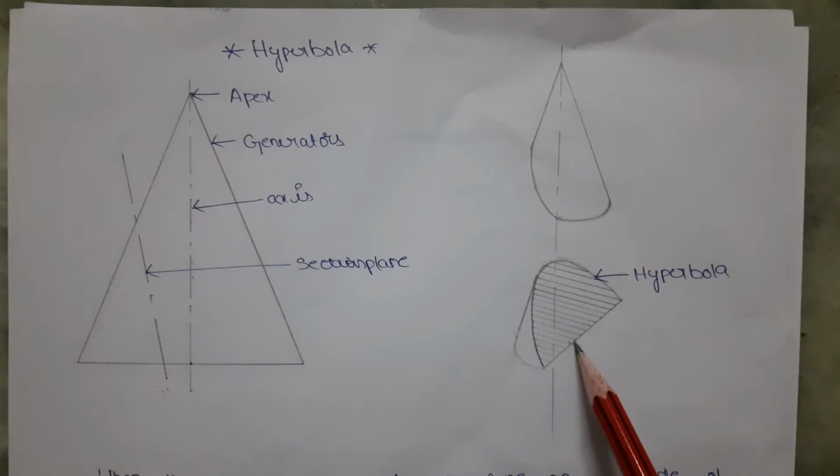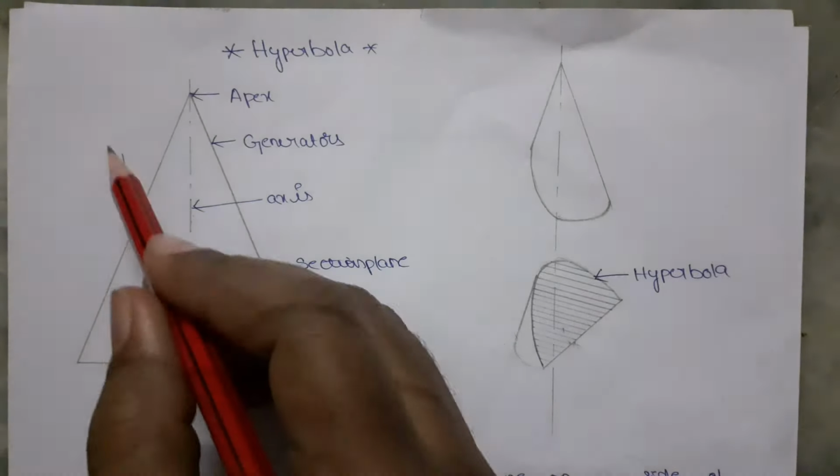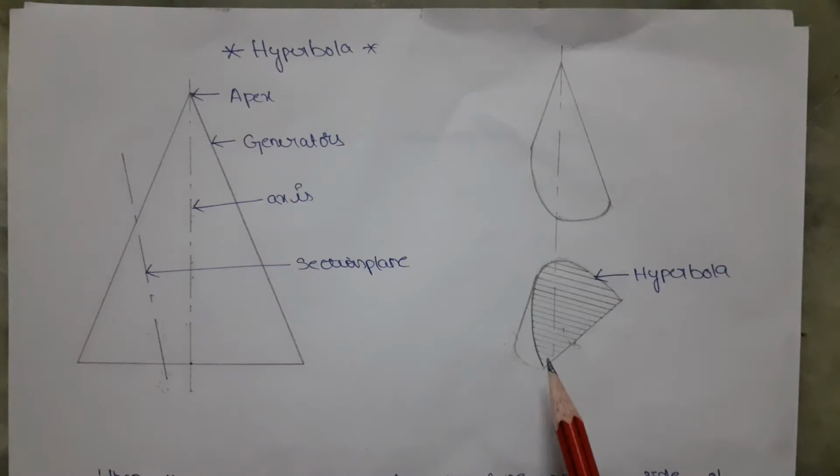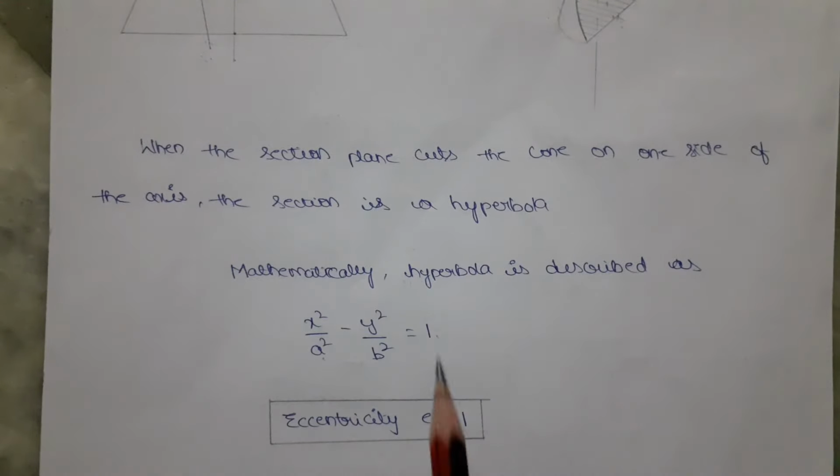This is the curve obtained by cutting the cone before the axis. The mathematically derived expression for hyperbola is x square by a square minus y square by b square is equal to 1. The eccentricity of hyperbola is always greater than 1.